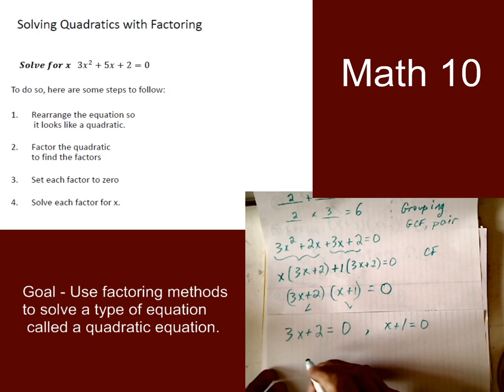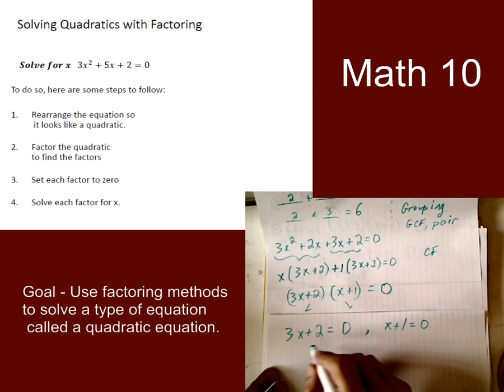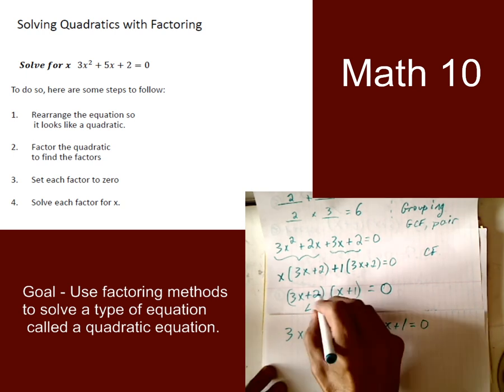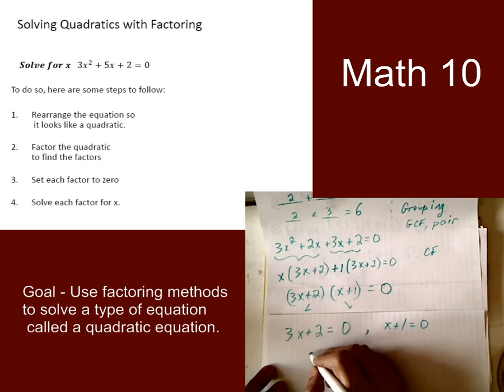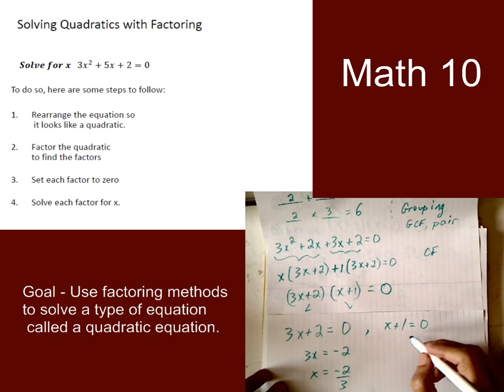See? Maybe you can do it in your head, but I think it's better when it's written out like this. Instead of risking a mistake in your brain, do it by hand here. So 3x equals negative 2. Divide both sides by 3. Minus 2 over 3. Like that. The other one, to get x by itself, you move the 1 over. It becomes negative.